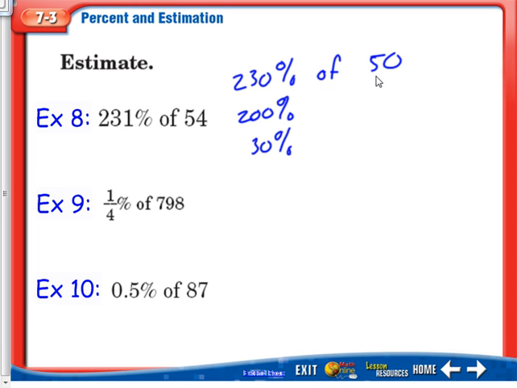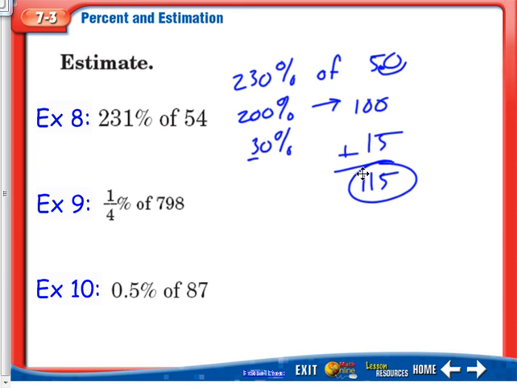So 100% of 50 is 50. So 200% of 50 is 100. And then 30% of 50, again, if I move the decimal one spot, I find 10%. So 10% of 50 is 5. So 30% would be 3 times 5, or 15. And then if I just add these two together, I have 115, which is my total.